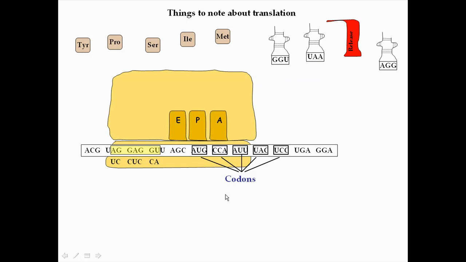We mentioned that each transfer RNA that brings an amino acid to the messenger RNA has at its base a set of 3 nucleotides, which helps the transfer RNA bind to the messenger RNA. Whenever there are complementary nucleotides on the base of a transfer RNA, that helps it bind to the complementary codon.